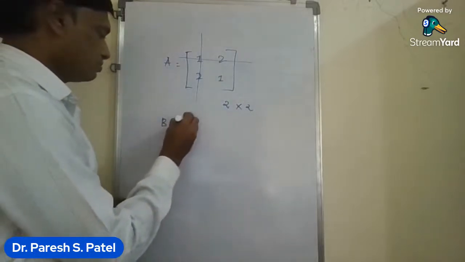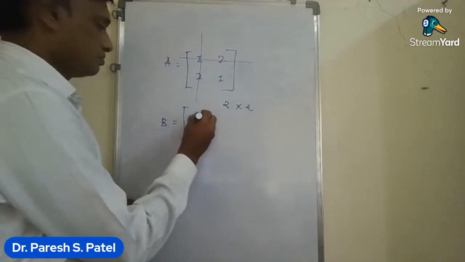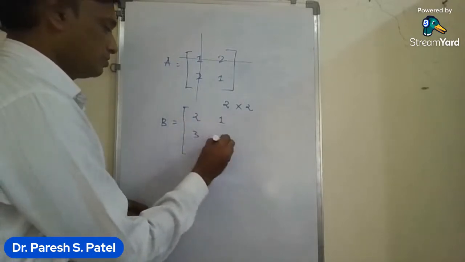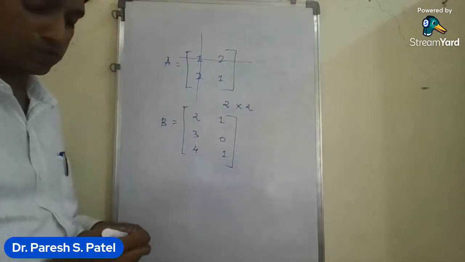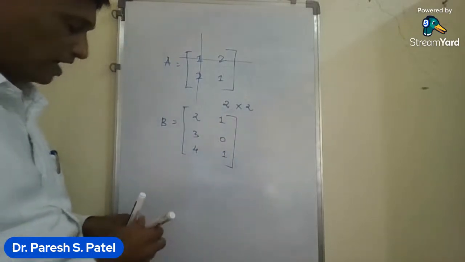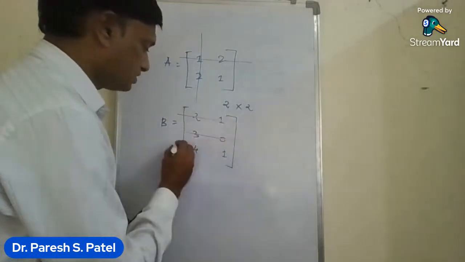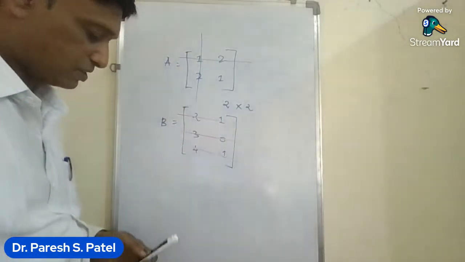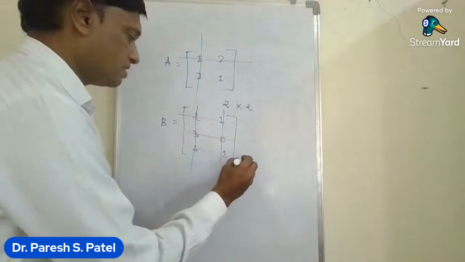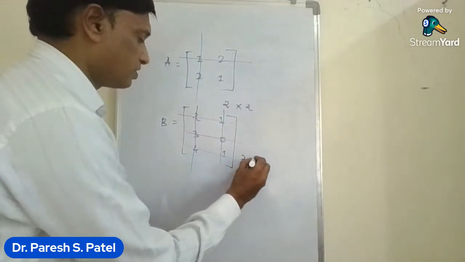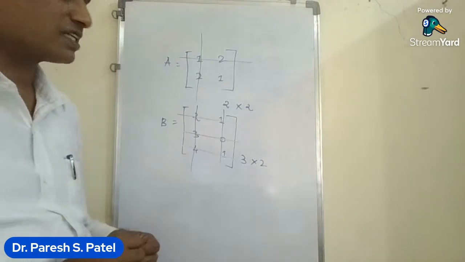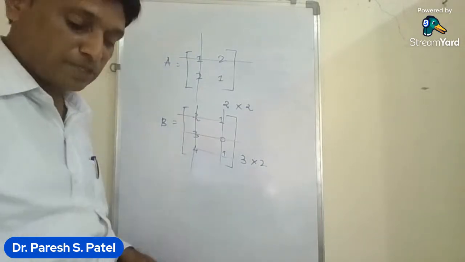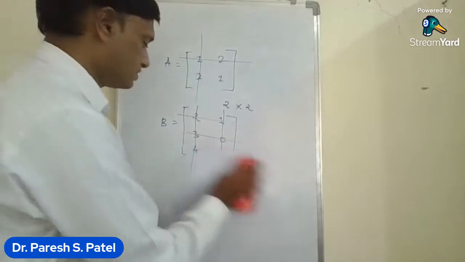B is equal to, okay, here the number of rows is equal to 3 and the number of columns is 2. So this matrix is a 3 by 2 matrix. So the dimension of a matrix is represented as the number of rows and the number of columns.